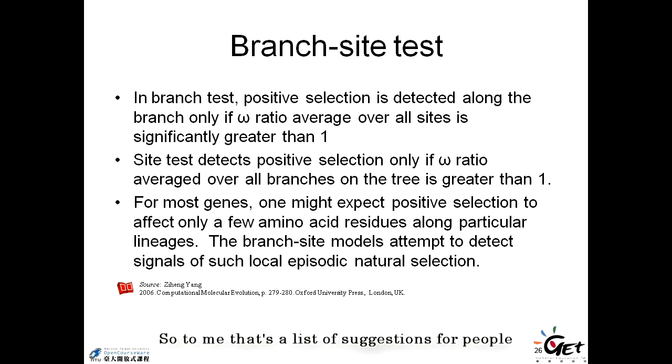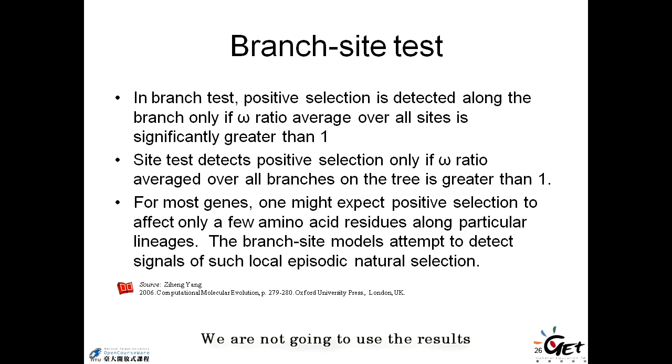So to me, that's a list of suggestions for people who are really interested in the protein function. We can go ahead to design experiments and do a functional test. So there are a lot of discussions on how we can use PAML as a tool to identify sites under positive selection. There are also a number of papers against this idea, but I want you to just keep that in mind. This is something we do as an estimate, and it gives us some suggestions.